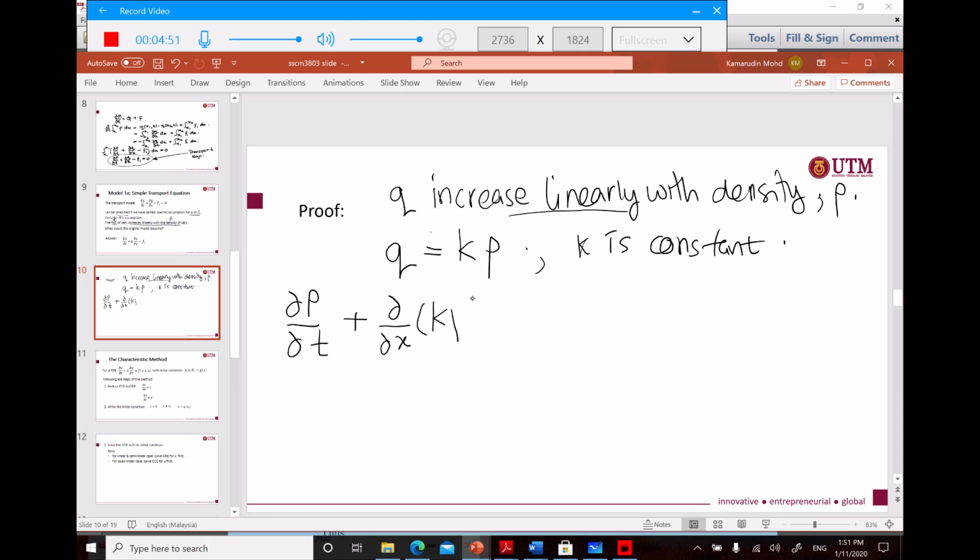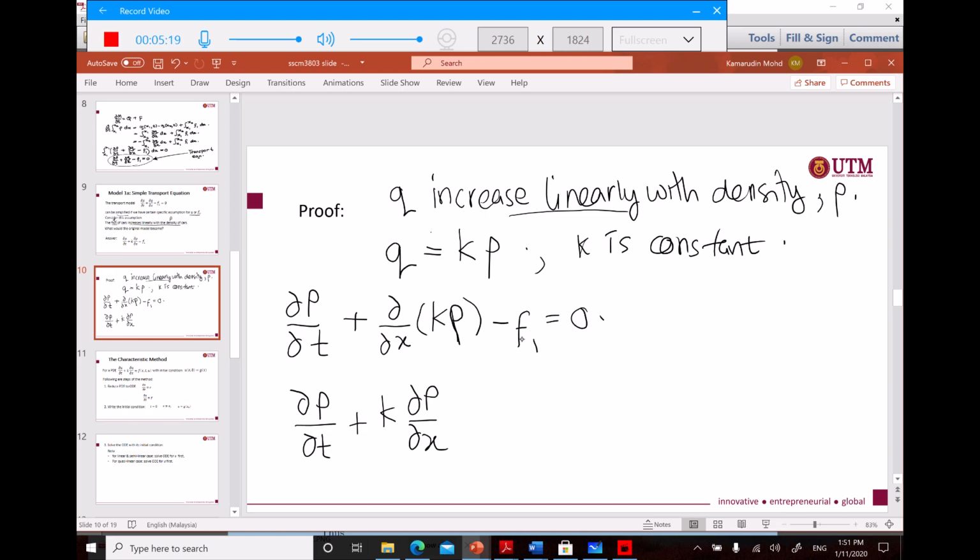So we have del del x of k rho, minus f1 equal to 0. Okay, so that's why we have the answer in the previous page: del rho del t plus k. K is constant, so we can bring it outside of the derivative. So we have k del rho del x.